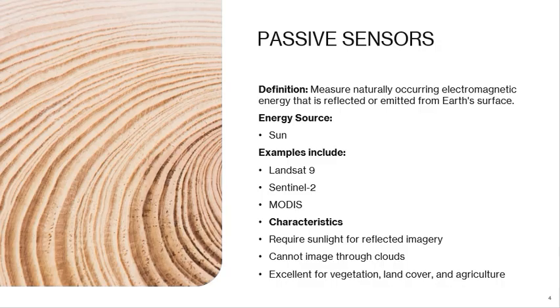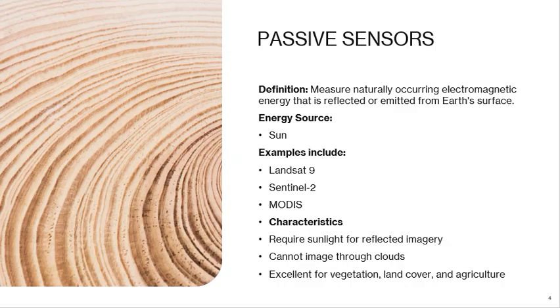Thermally emitted radiation is in the thermal infrared portion of the spectrum. And so unlike reflected sunlight, thermal emission can be measured both day and night, although temperature differences still influence image quality. And so the energy source for passive sensors is the sun.